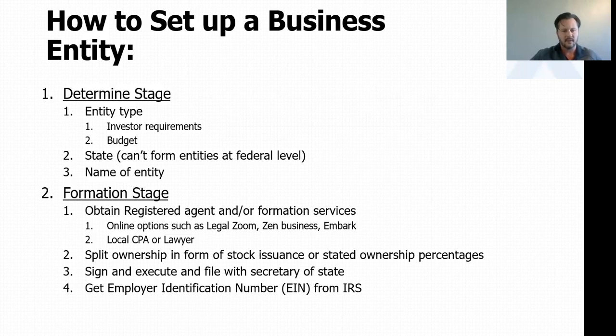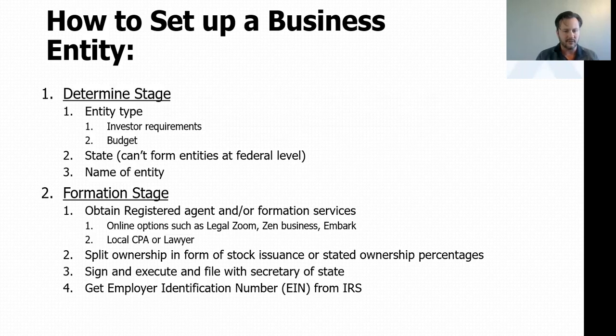Business Tax Hub has a sister company, Embark, where we specifically form entities for non-US citizens, because they have very specific tax law requirements. So you can check out those. Another option, which is a lot more expensive, you can go to a local CPA or lawyer in the state that you want to form in and reach out to them and they can do it. The disadvantage is it's more expensive.